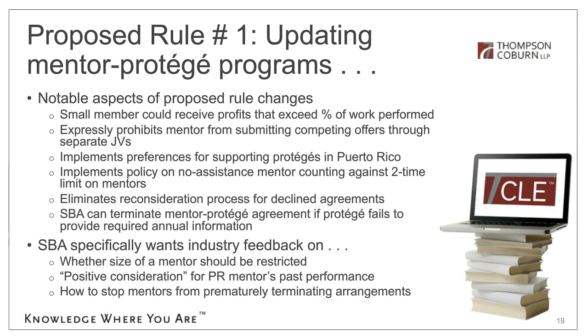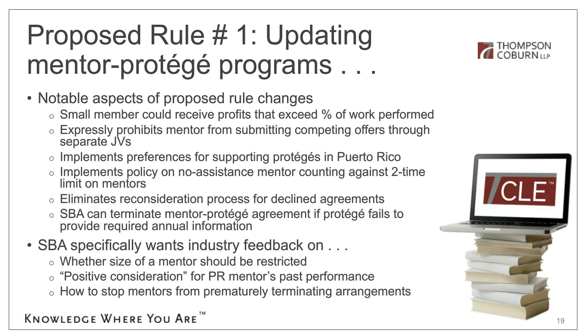And SBA was explaining that it's hard for them to then monitor these relationships and ensure that the mentors are actually providing the support they're supposed to. So SBA said to deal with that, what they would plan to do under this rule is to give SBA the right to terminate the mentor-protege agreement if a protege fails to provide that information.